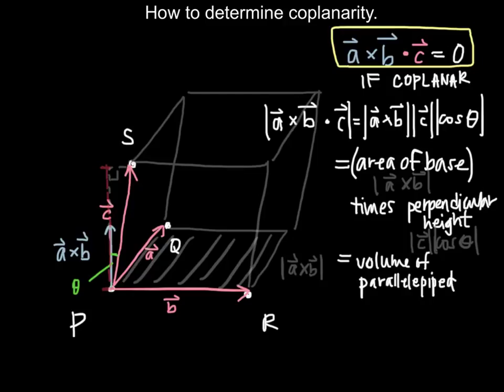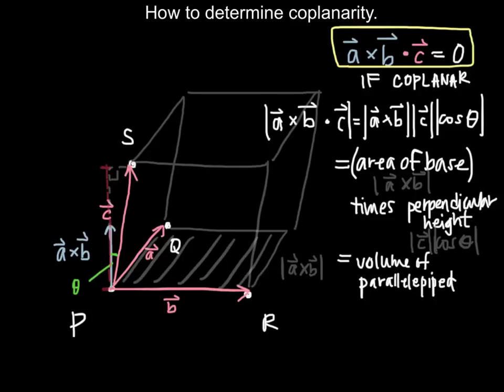You may be wondering if this is consistent with our previous result here, that this number would be 0 if they were coplanar, and in fact it is. Because what happens when P, Q, R, and S are all in the same plane? Well, that means that A, B, and C are all in the same plane, and so the parallelepiped would have no height.